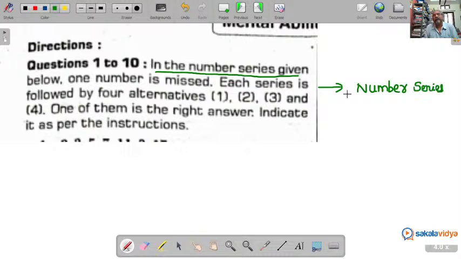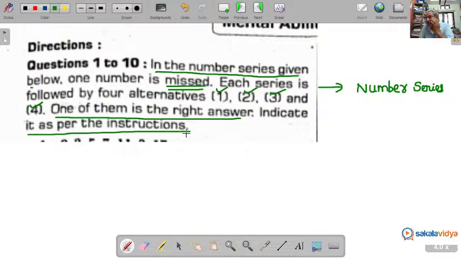In the given series one number is missing. Each series is followed by 4 alternatives: first option, second option, third option and fourth option. One of them is the right answer. Indicate it as per the instructions.